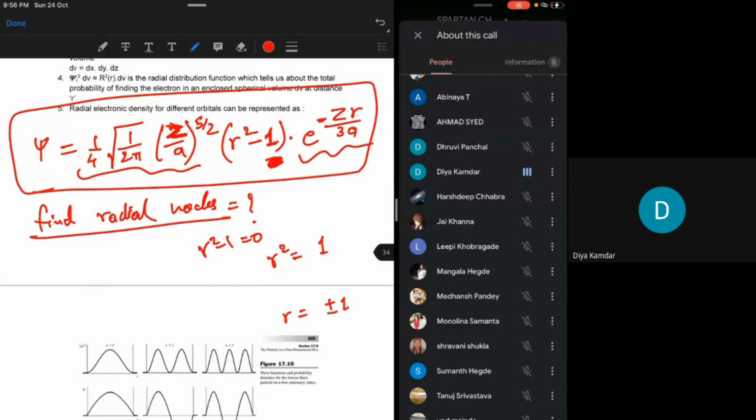Sir, 1. Lippy, you tell me, how many radial nodes? There should be two radial nodes then. No, there should be one only. What are those two radial nodes?